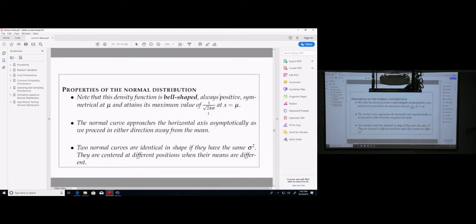All right. Now the normal curve approaches the horizontal axis asymptotically as we proceed in either direction away from the mean. It is actually very fast, asymptotically, but it always stays above it. Two normal curves are identical in shape if they have the same sigma square. They are centered at different positions when their means are different, all right?